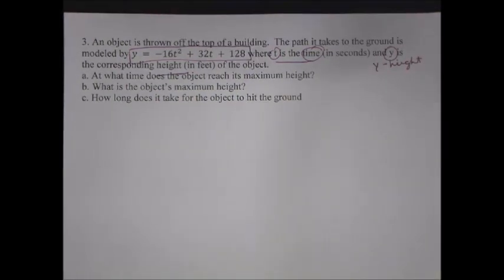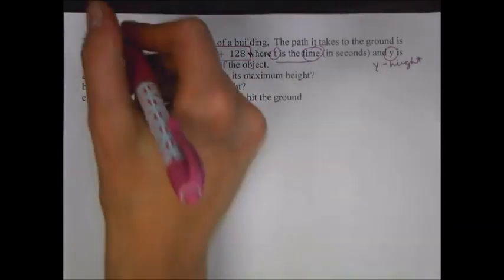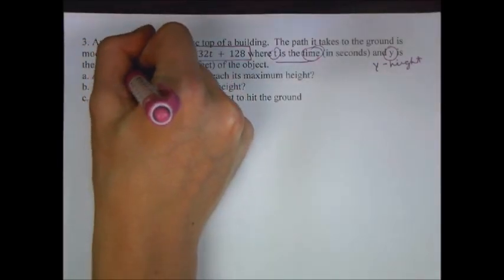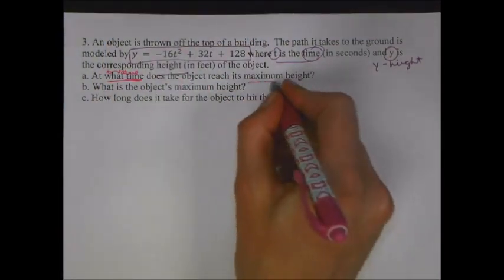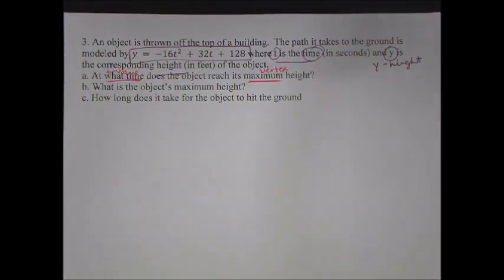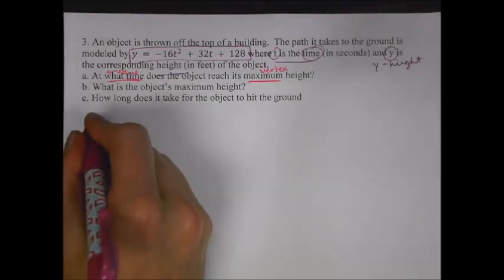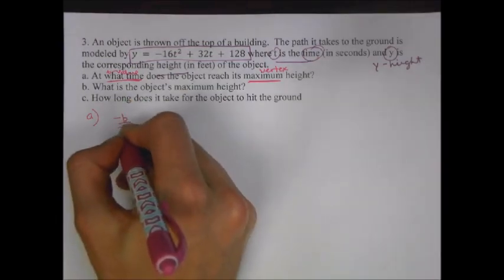Let's go ahead and read part A. At what time does the object reach its maximum height? So what time? Time is t, so it's a t value, or if you want to think of an x value, it's an x value. Maximum tells us we're thinking of the vertex, so we're going to find the vertex and whatever the t is. We're in standard form, so we're going to use negative b over 2a.